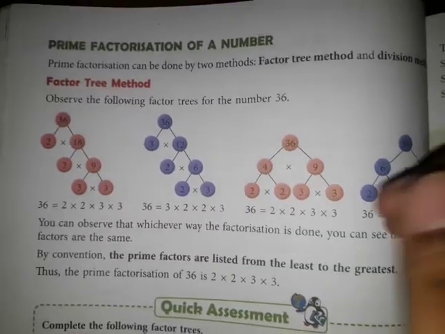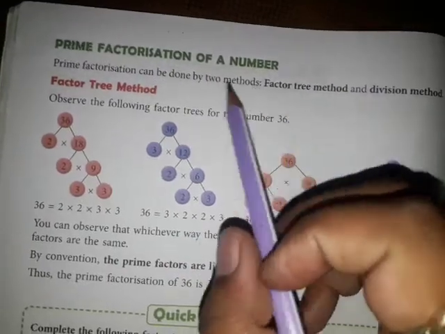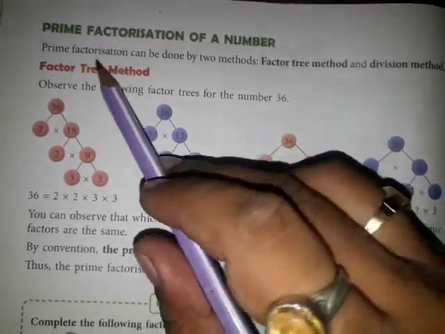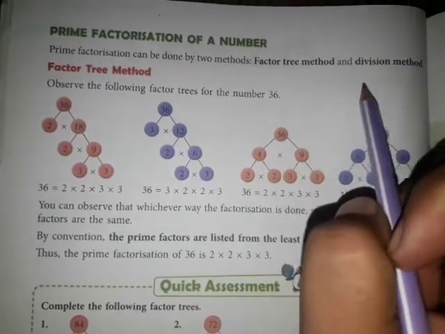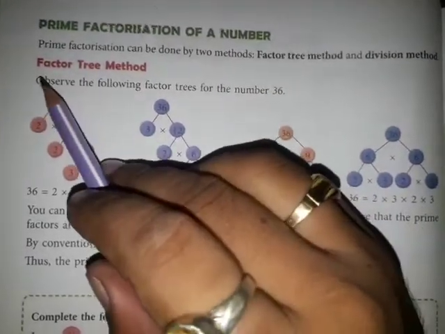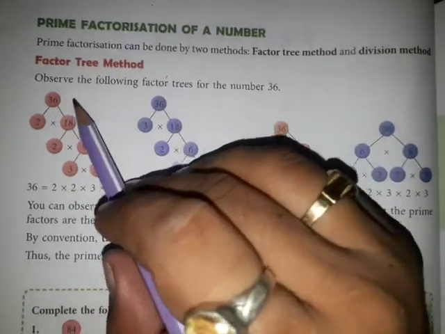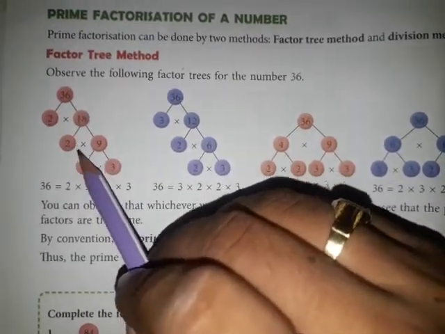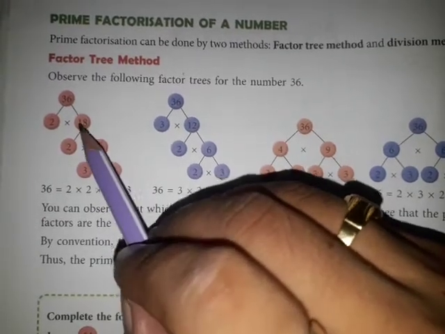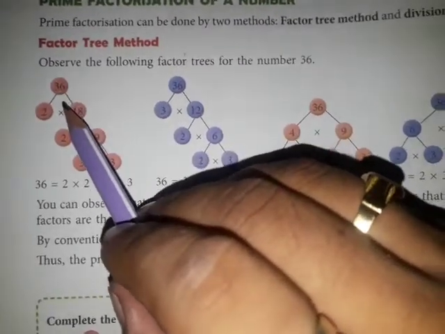The next topic is prime factorization of a number using the factor tree method. Prime factorization can be done by two methods: the factor tree method and the division method. The first one is the factor tree method. In this factor tree, we write the prime numbers as the factors of the given number. Like 36 is given, you can see here.